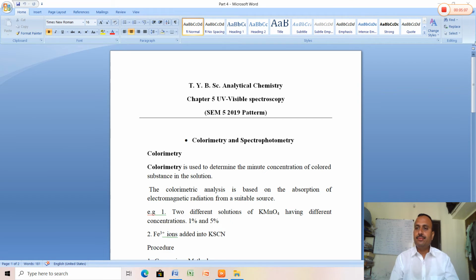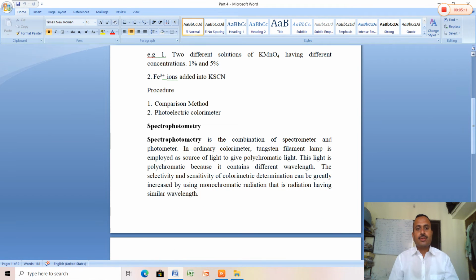Now there are two methods. One is the comparison method, and another is the photoelectric colorimeter. In the comparison method, two colored solutions are compared, their intensities are measured, and the concentrations are determined with the help of some instruments. This color comparison method is least accurate and least sensitive.